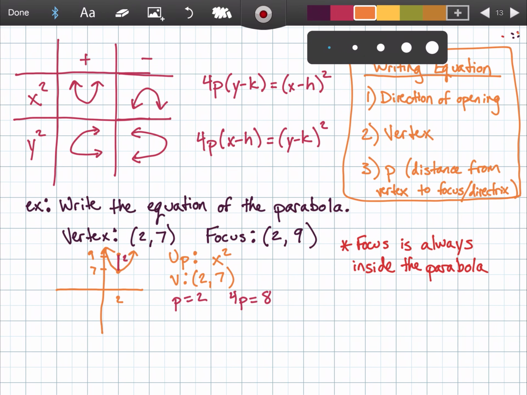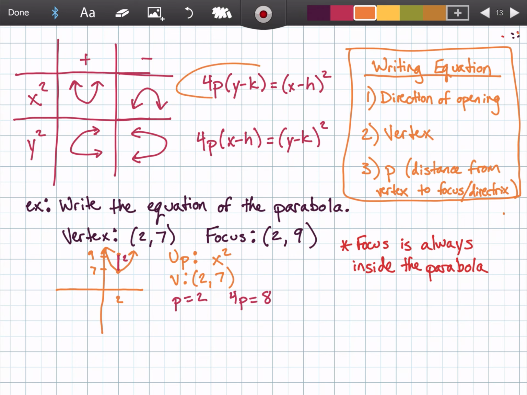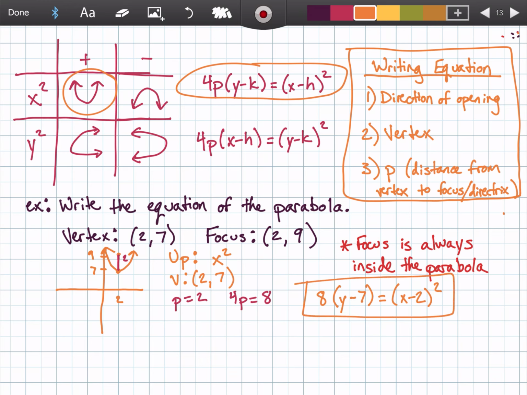Now we take all the information that we know and follow this equation format because it's opening up. So 4p I know is 8, y opposite of k, which is negative 7, equals x minus 2 squared. And that's all it takes.